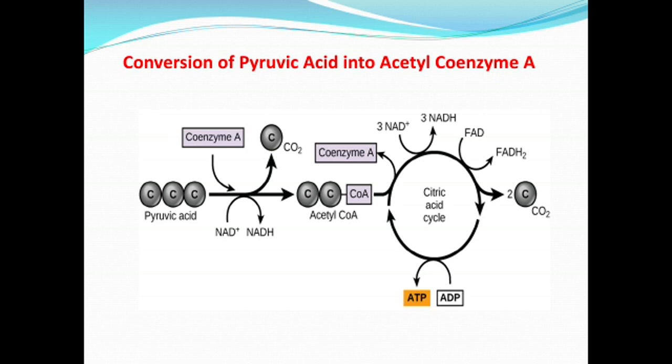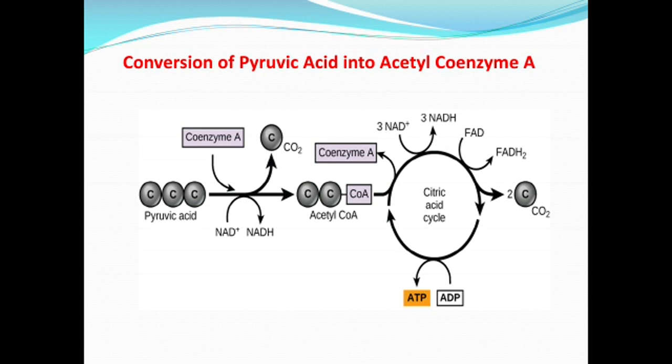Pyruvic acid, which is formed in the process of glycolysis in the cytoplasm, is transferred to the matrix of mitochondria. In the previous slide, I explained that this pyruvic acid enters into the matrix of mitochondria.